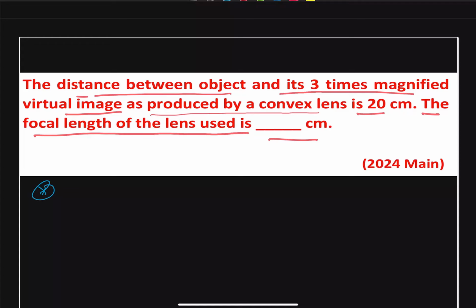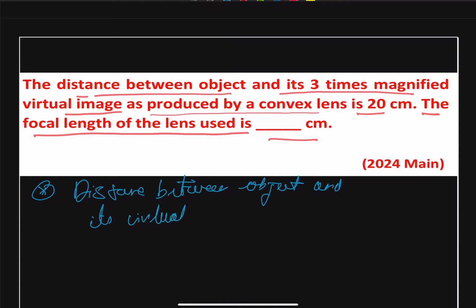So the distance between object and its virtual image is given as 20 centimeter.